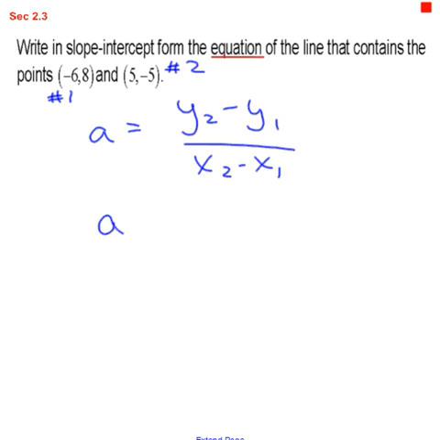So my A is the y value of point number 2 minus the y value of point number 1 over the x value of point number 2 minus the x value of point number 1.